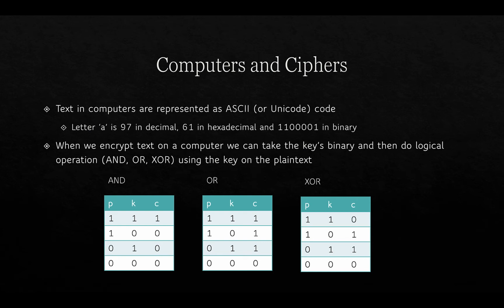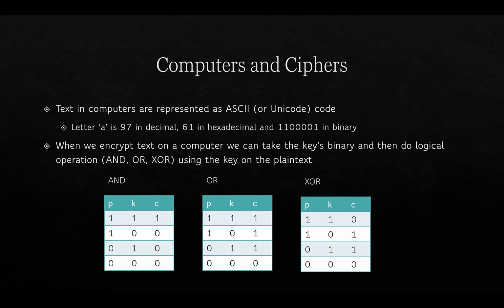In an OR, it is, as the English suggests, either of the inputs can be a 1 for the result to be 1. And in fact, both of them can be 1. And in this case, we have three results that are 1 and one that is 0.